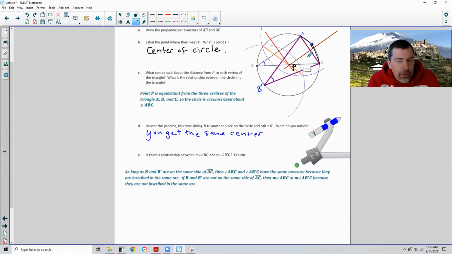It obviously can't be congruent anymore, okay? Because they're not inscribed in the same arc. The arc being A, B, C is called a major arc if it's larger than the other arc forming the circle, the major arc.